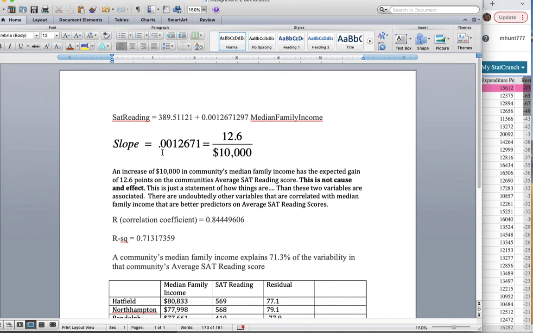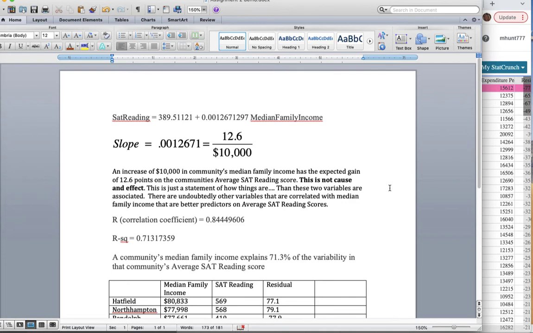That means moving the decimal point, tens, hundreds, thousands, 10,000s. So if I move it over 4 places, I've switched to not changes per dollar, but changes per $10,000.